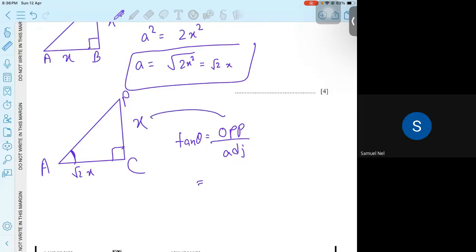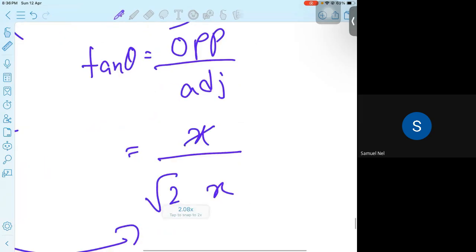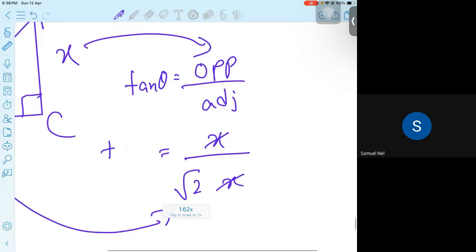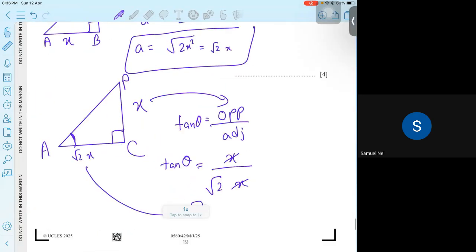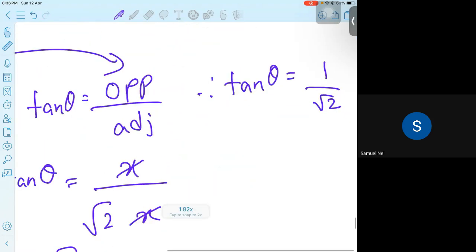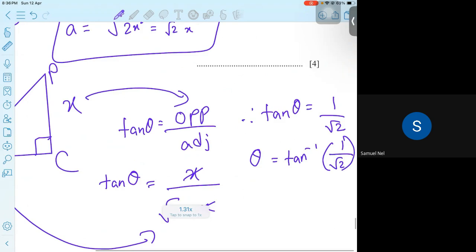So opposite is this x over, this is the adjacent, so root 2 x, right? I can see this and this gets cancelled out, and there's tan theta. Therefore, tan theta is equal to 1 over root 2. And if I take arc tan, then theta equals tan inverse of 1 over root 2. Any questions?